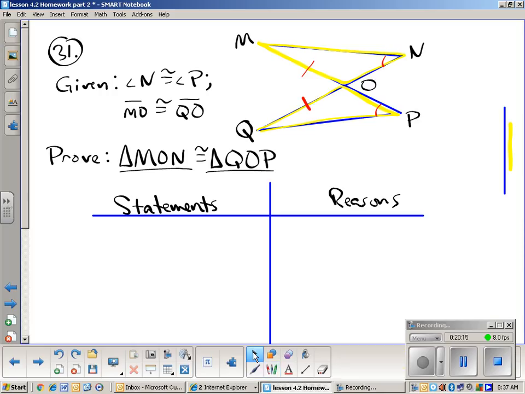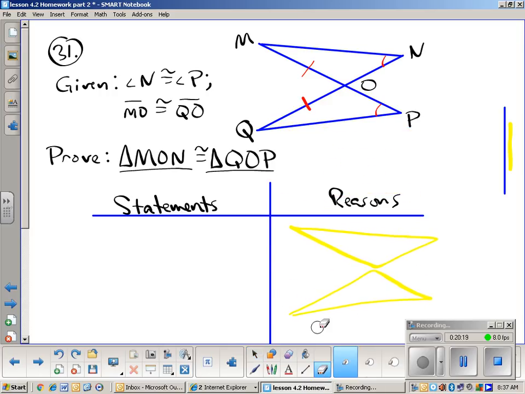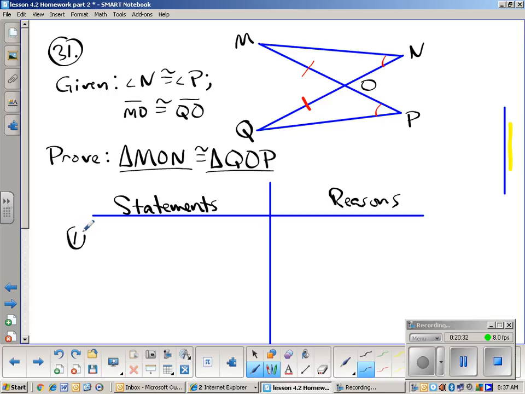Might be easier to see if I would get rid of these also. And so if we write those given down, step 1, angle N congruent to angle P, segment MO congruent to segment QO.